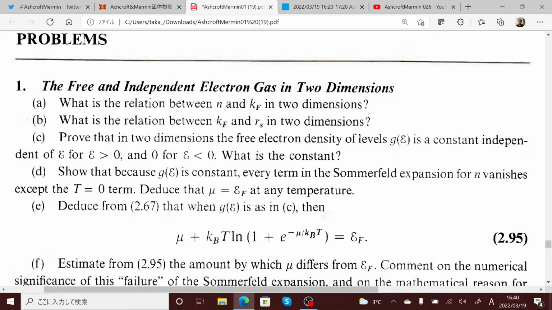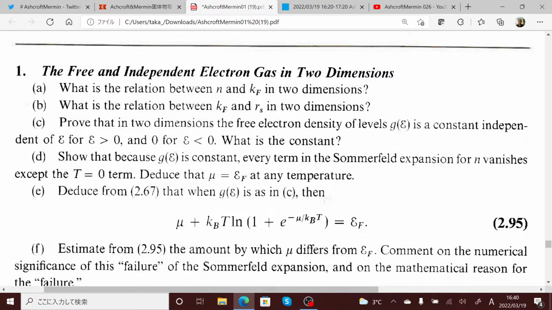Prove that in 2 dimensions the free electron density of levels g of epsilon is a constant independent of epsilon for epsilon larger than 0, and 0 for epsilon smaller than 0. What is the constant?